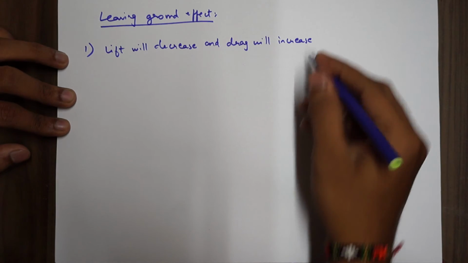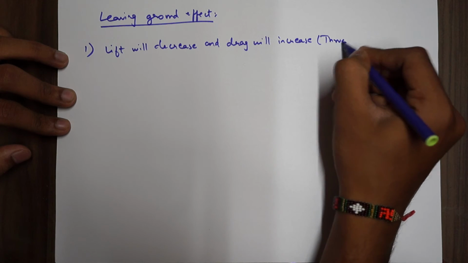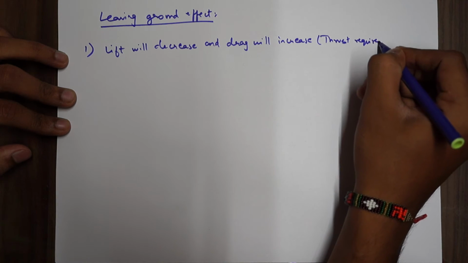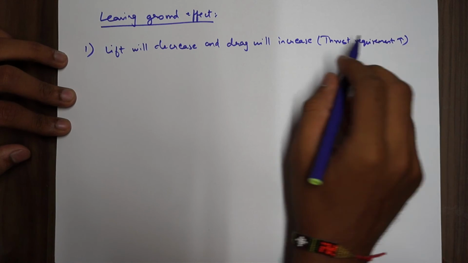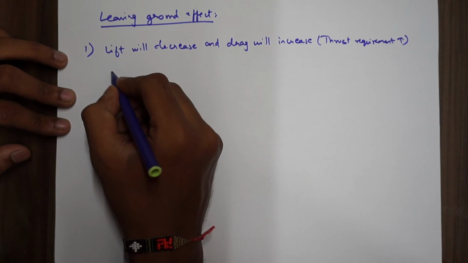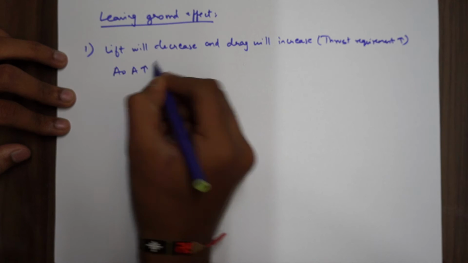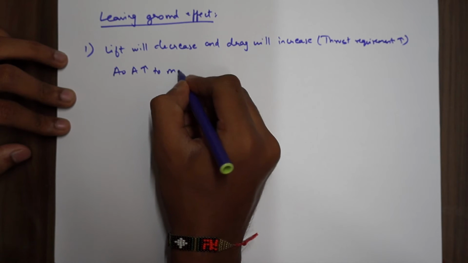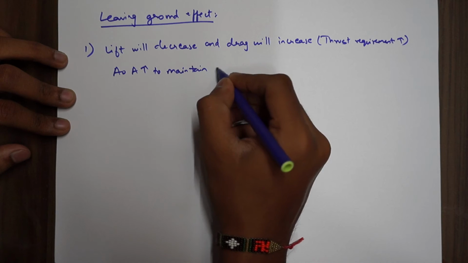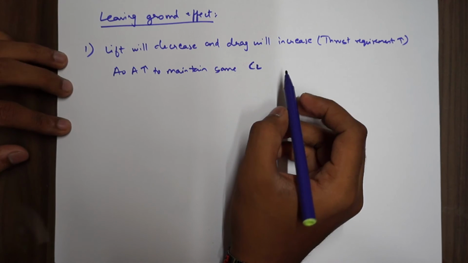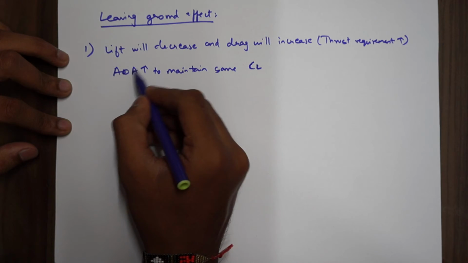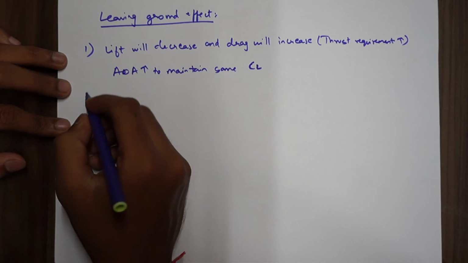This drag increase means the thrust requirement has gone up. So the aircraft will require a higher angle of attack to maintain the same CL. To maintain the same CL, your angle of attack has to be increased.